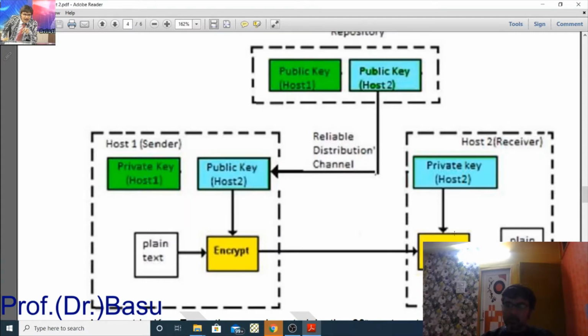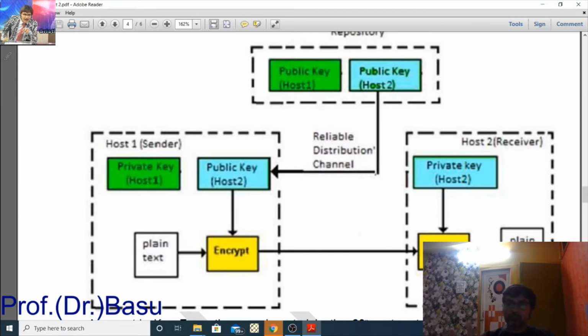On the opposite side, the receiver will use its private key. It is totally private and secured by the receiver. The receiver will use its private key to decrypt the message, and eventually the receiver will get the plain text.